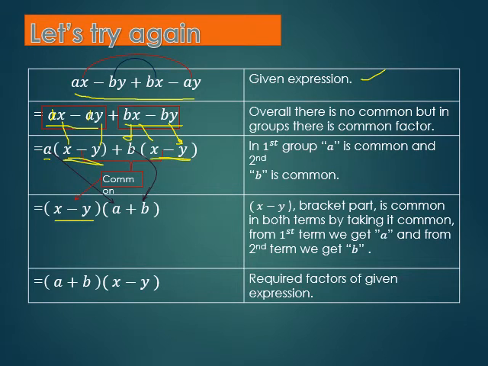After taking common x minus y, the first term is a into x minus y, from this we get a. Now the second term is b into x minus y, we get b. This is the second factor, that is a plus b. Now we have two factors, a plus b and x minus y.